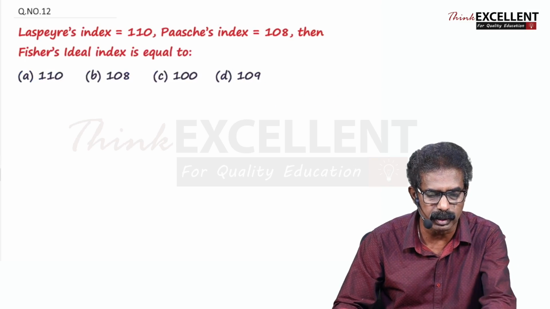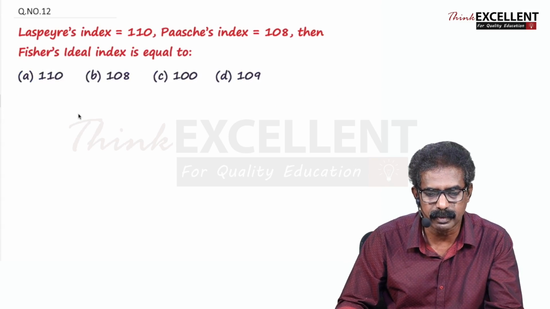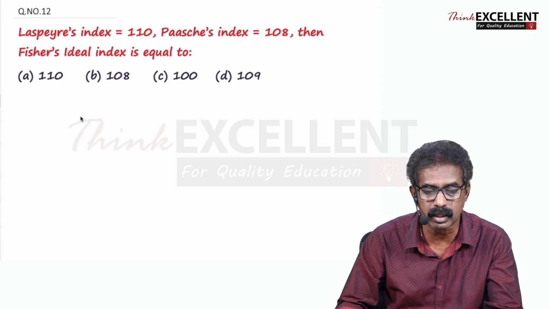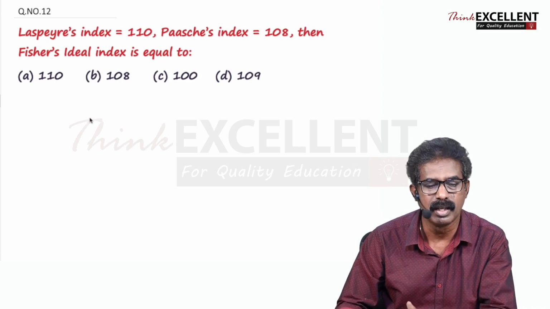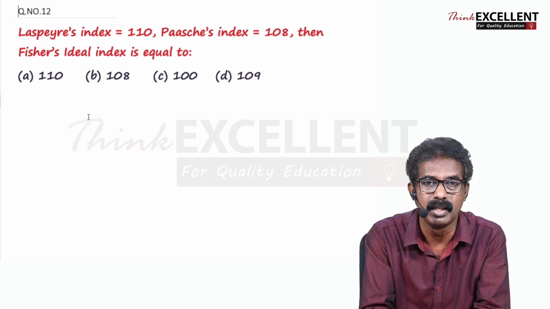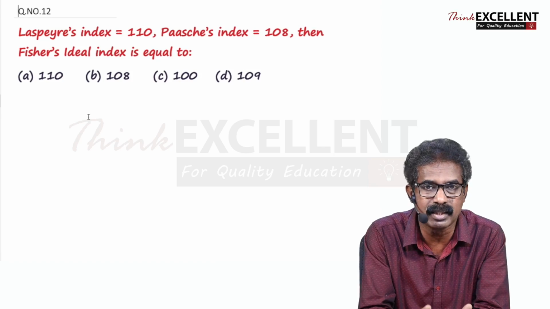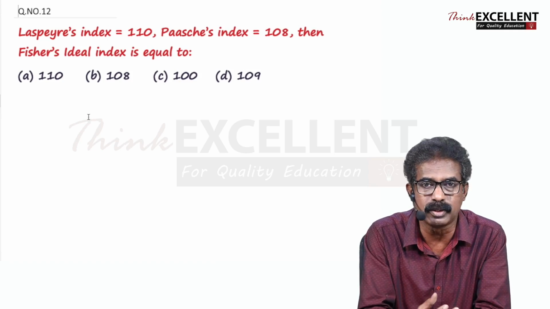Now next, question number 12. Laspeyres' index number is 110. Paasche's index number is 108. Fisher's ideal index number is the geometric mean of Laspeyres' and Paasche's index numbers, right? Arithmetic mean means you add them and divide by 2 if there are two numbers. Geometric mean means multiply them and take the square root.